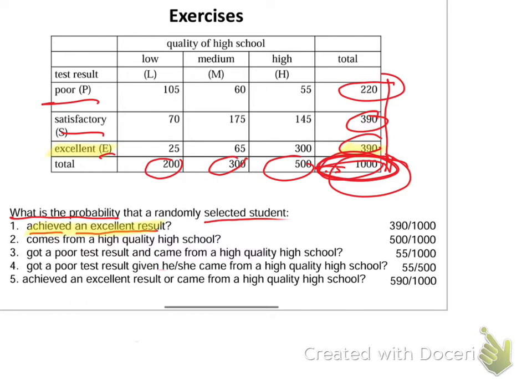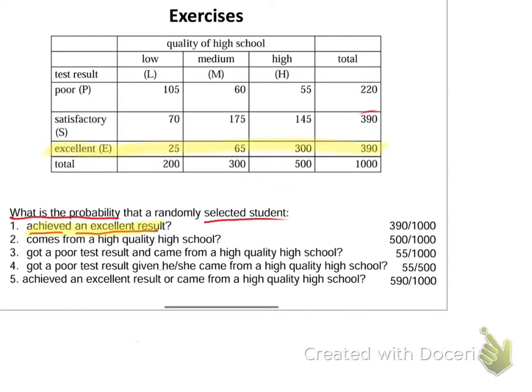So what is the probability of a student scoring an excellent result? The probability is the favorable criteria divided by the total. What is the criteria we are looking for? Excellent result.